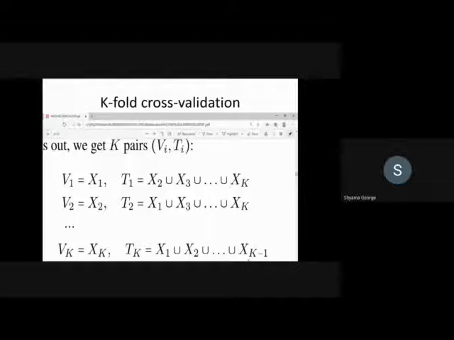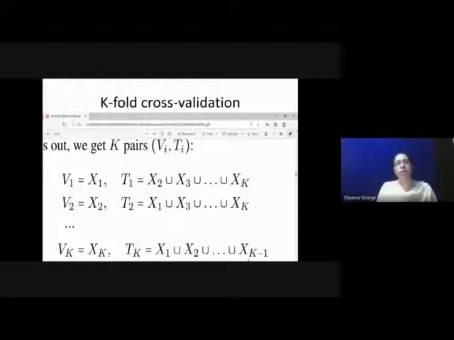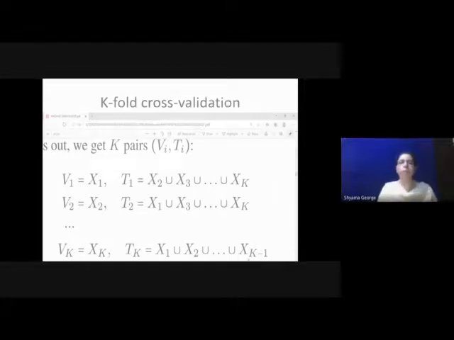This is known as k-fold cross-validation. That means we divide the data set into k parts, and one is used for validation and the remaining k-1 parts are used for training. So these two parts are disjoint.